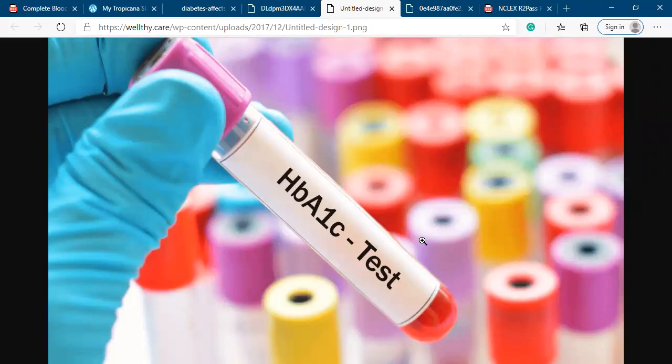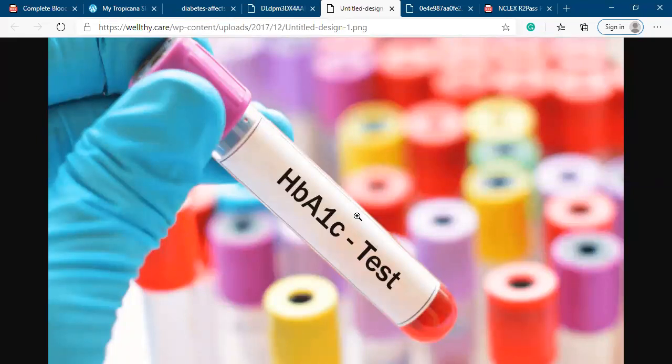The acceptable target for diabetic patients, especially diabetic children, is 6.5 to 8%. And the goal for a patient with diabetes is hemoglobin A1c less than 7%. Less than 7%.